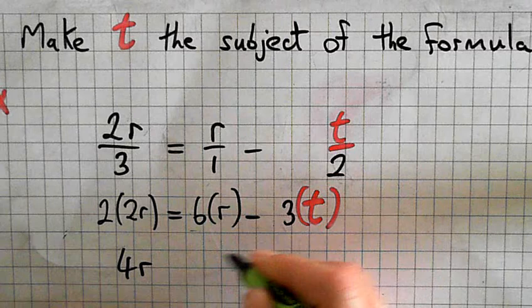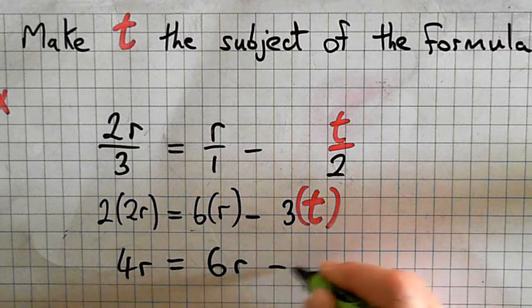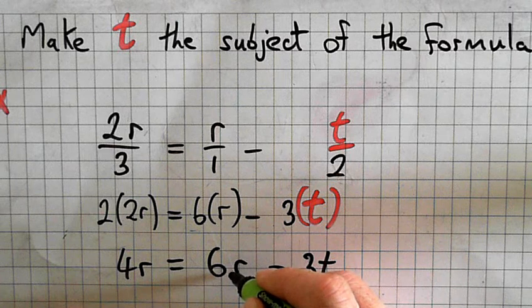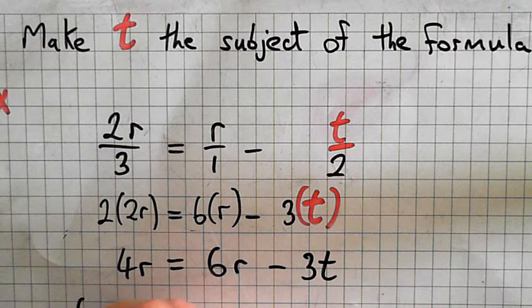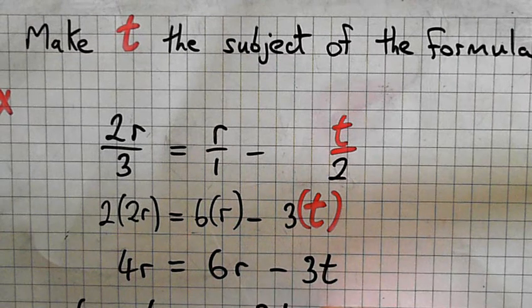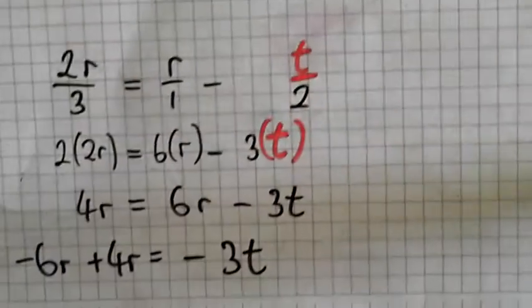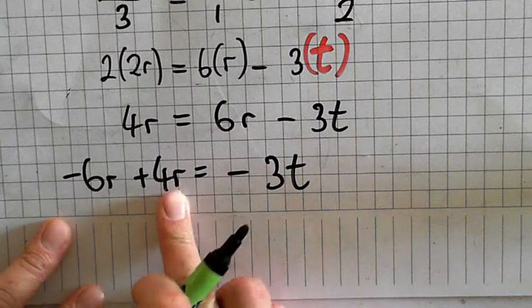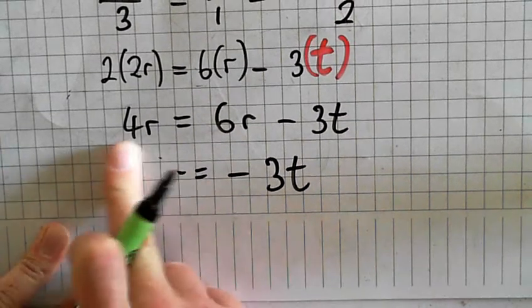So now we've got 4r is equal to 6r minus 3t. And what do I do with the 6r? Bring it over, plus 4r. What do we do next? Well, add these two, minus 2r.